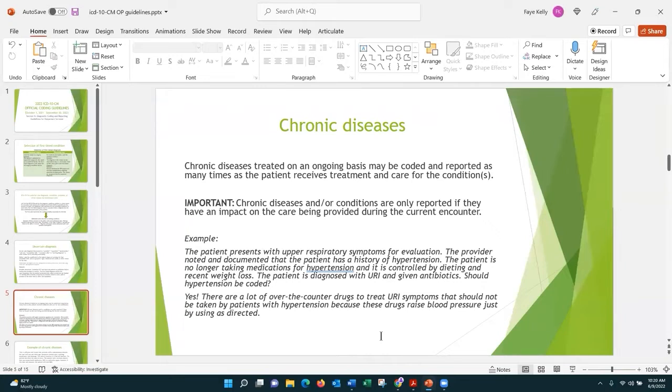Chronic diseases trip us up a lot. How do we know what to code and when to code? Sometimes it's just a matter of policy for that specific physician. If you are focusing on the guidelines, which is what you have to do until a physician says we don't code certain diagnoses, then you're going to code based on these guidelines.